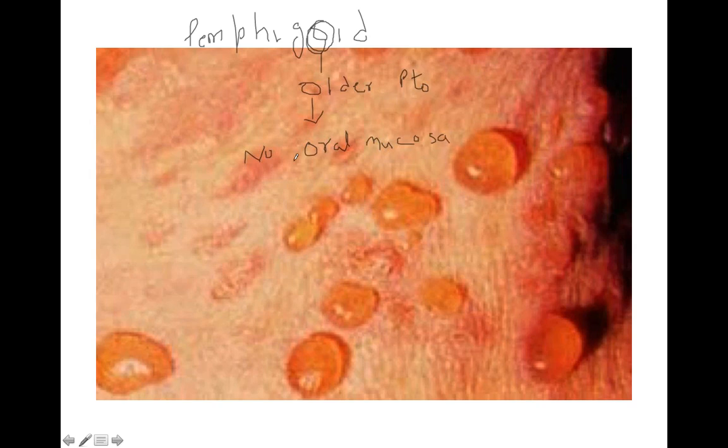In case of bullous impetigo, there won't be such tense blisters, and there won't be a history of older patients. Such tense blisters are seen only in case of pemphigoid.